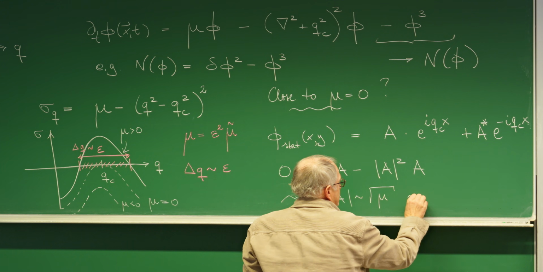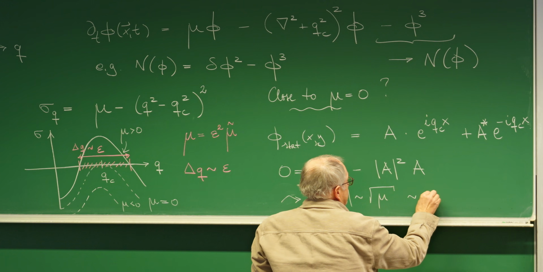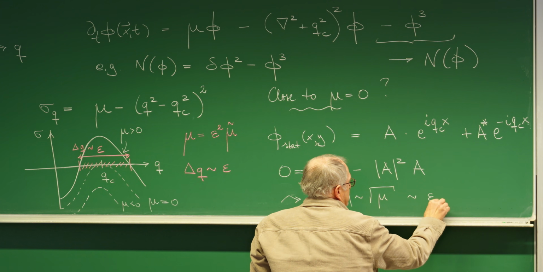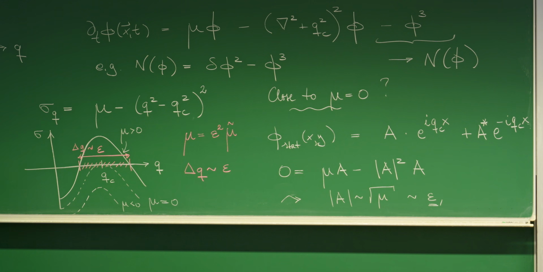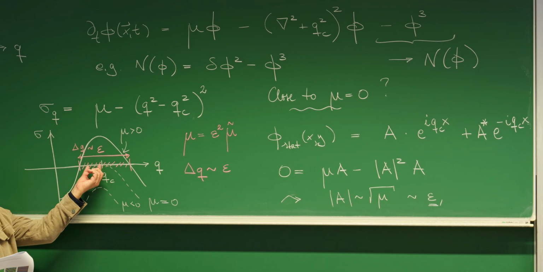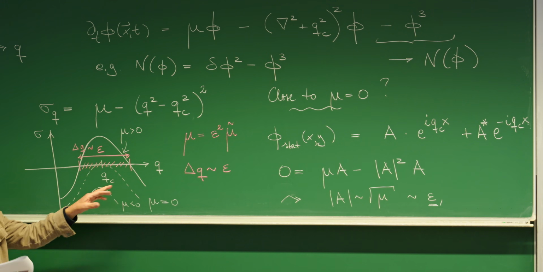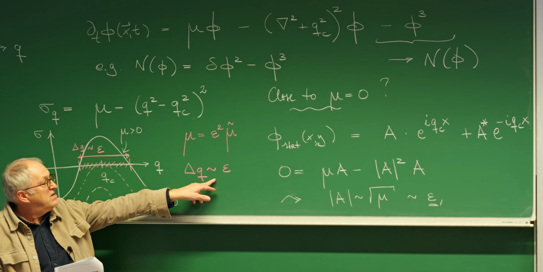So it scales in my analysis as this parameter epsilon. That's great because it means when we are close to the bifurcation point, there's a small parameter here, namely the width of the band. The width of the band is epsilon.